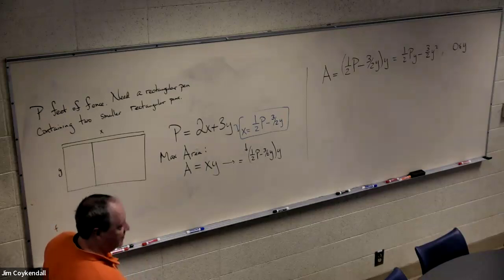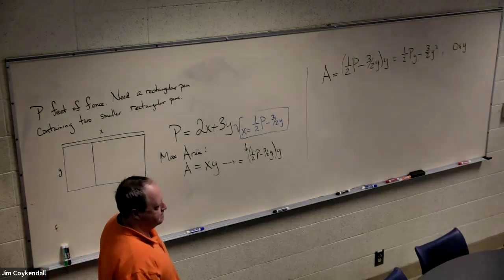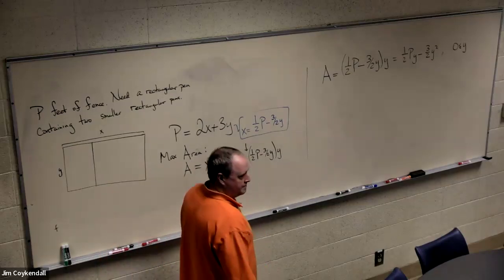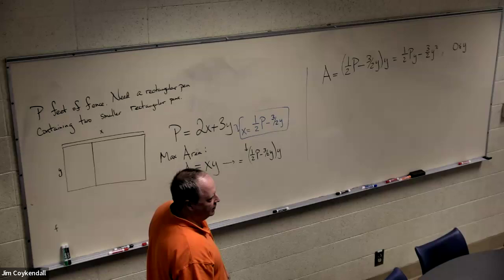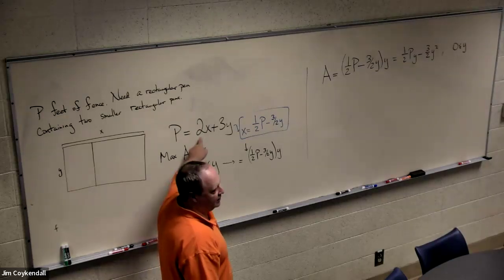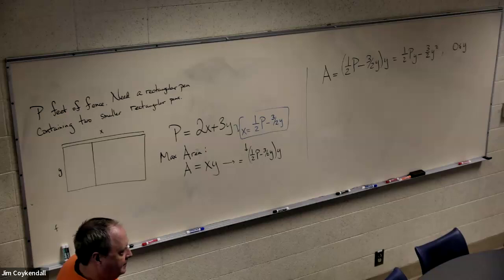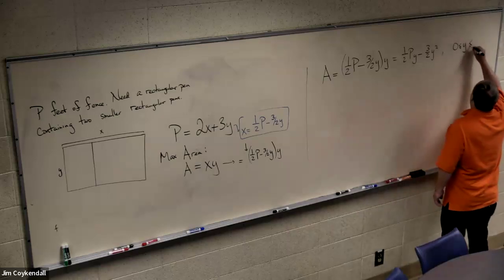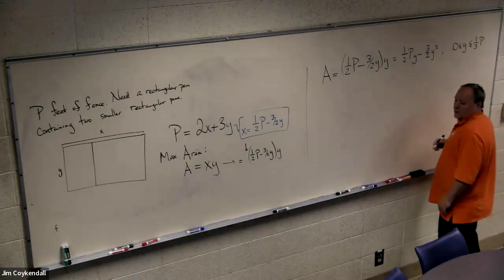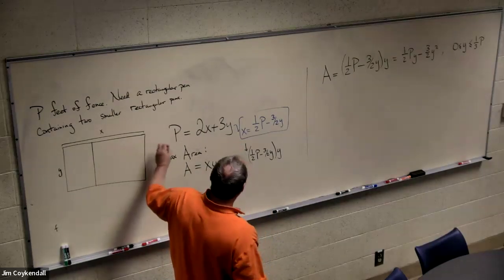Be a little careful on this one. You make y biggest by making x as small as it can be, which is 0.